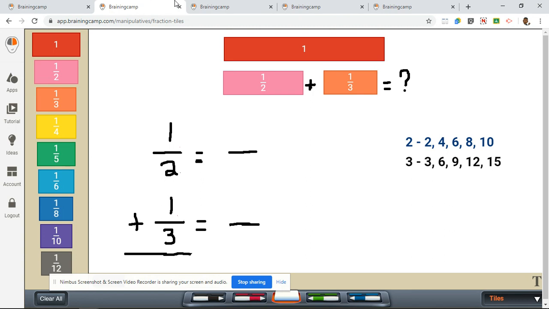As you notice here, I have a fraction tile that's representing my one whole. I like to have that up because fractions are part of a whole. So if I have one fraction, which would be 1/2, and I want to add 1/3 to that to figure out how many I have, again, I need to have a common denominator.